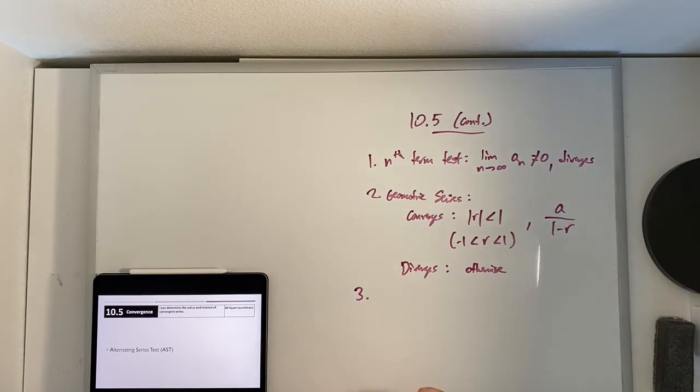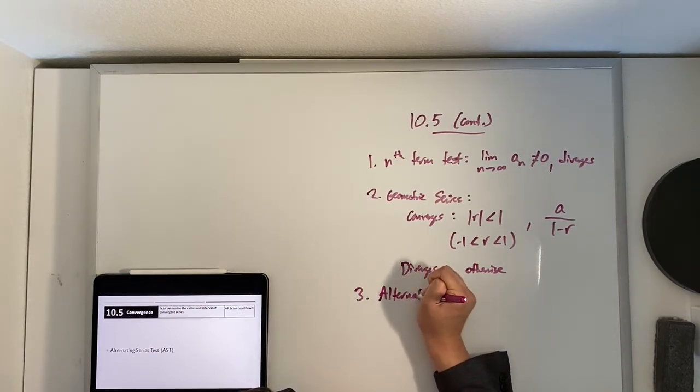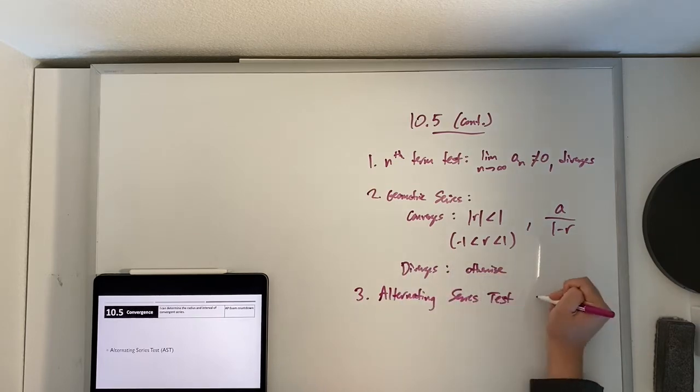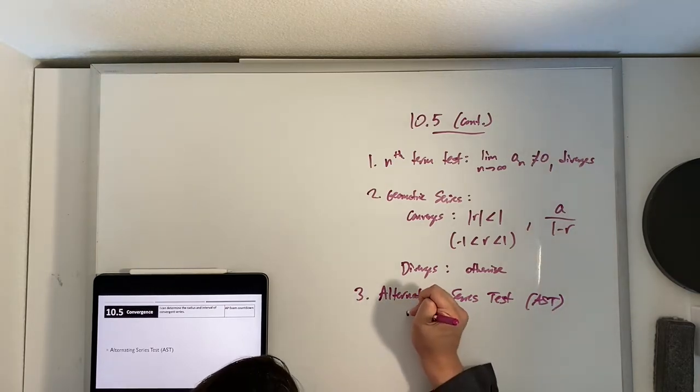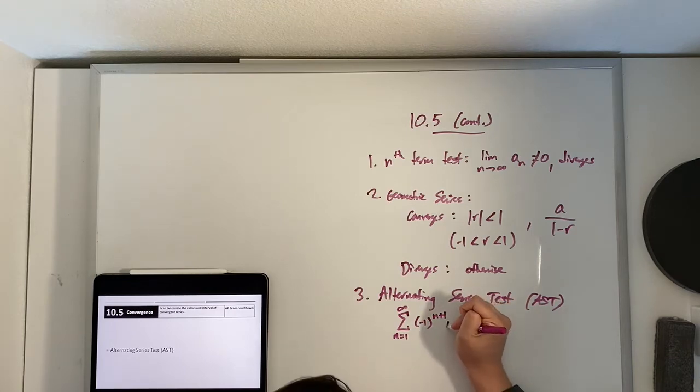The third test I would like to talk about is known as the alternating series test, commonly abbreviated AST, the alternating series test. If we have some series from n equals 1 to infinity of -1 to the n plus 1 power times some u sub n.